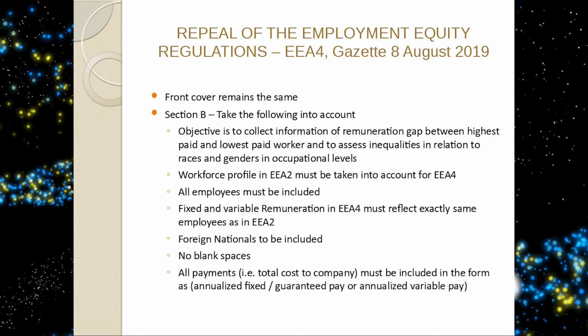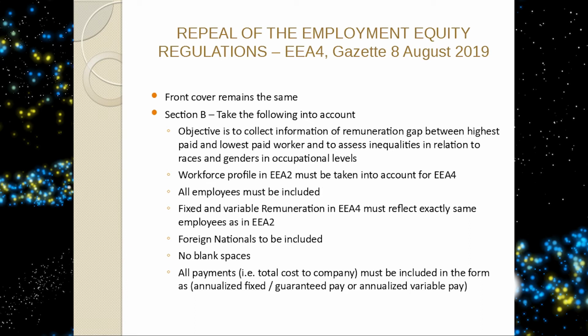So when you submit this year, the EI4 and your EI2, but let's talk about the EI4, take the following into account. The objective is to collect information of remuneration gap between the highest paid and the lowest paid worker, and to assess inequalities in relation to races and genders in occupational levels. Colleagues, the remuneration gap between the one highest paid and the one lowest paid worker, we call that the vertical gap.